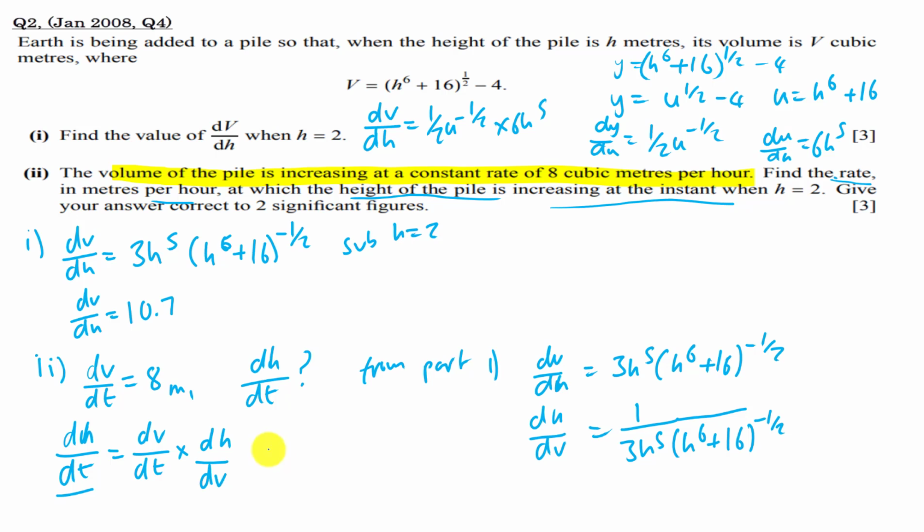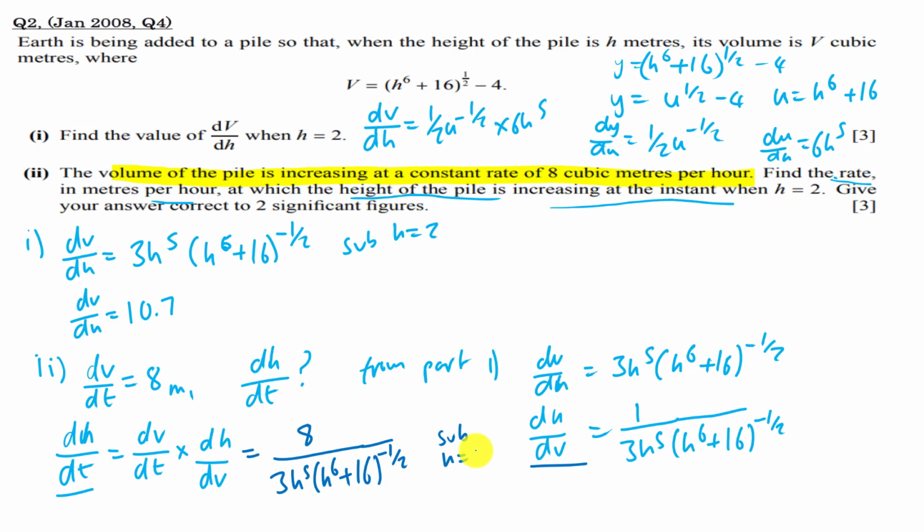Right, so this in fact is going to equal 8 times what we've done here, 3h to the 5, h to the power 6 plus 16 to the power minus a half.